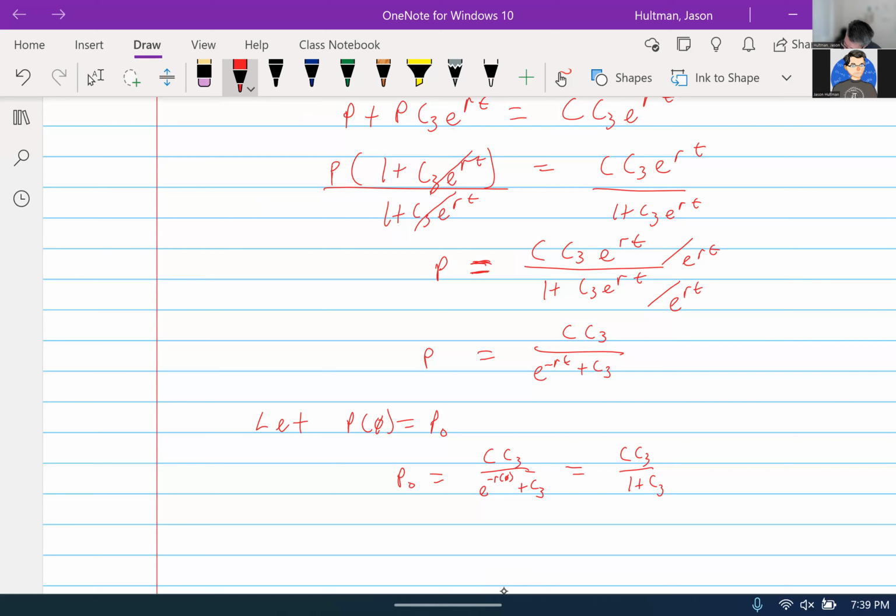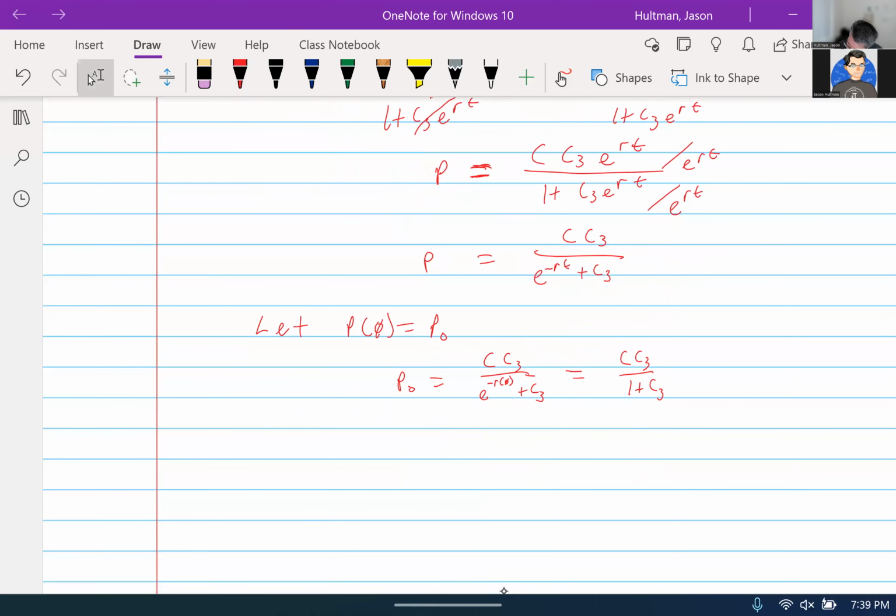Okay, so let's solve this for C3. I don't like that C3. If we could get rid of the C3 and put it in terms of P naught and C, that would be awesome. So P naught is equal to C C3 over 1 plus C3.